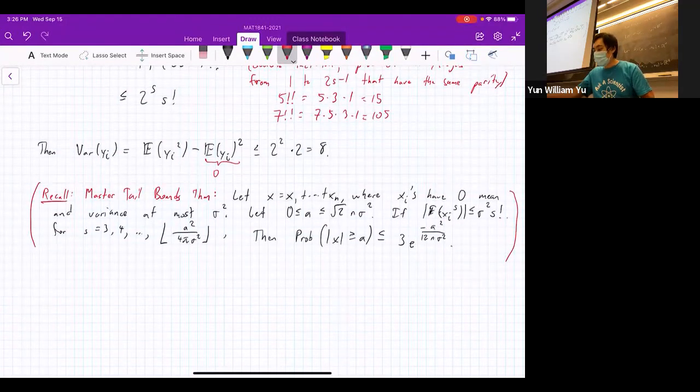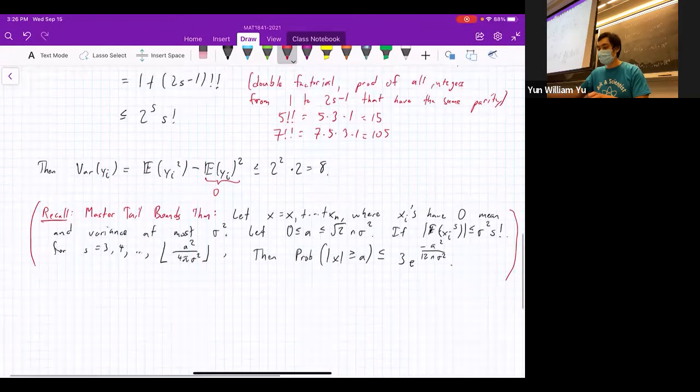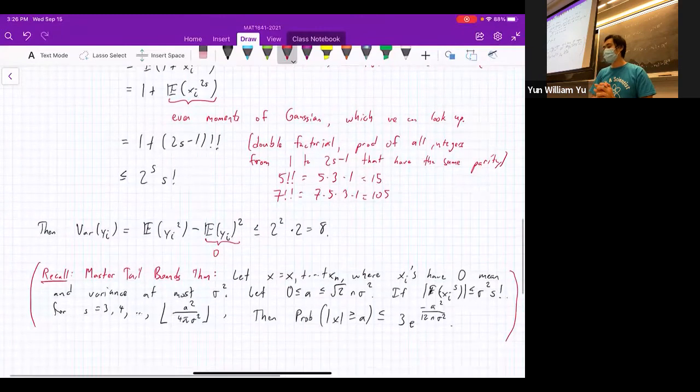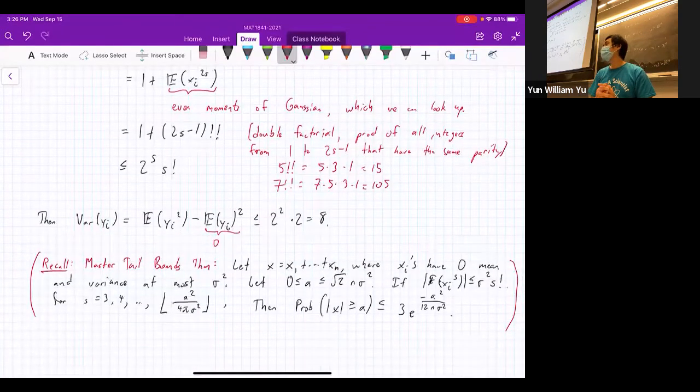Well, then what we need is that the expectation of each of the moments of this thing be less than or equal to sigma squared s factorial. Is that condition satisfied? Sigma squared was 8, right? Yeah, exactly. So this condition is actually not satisfied, so this doesn't quite work.